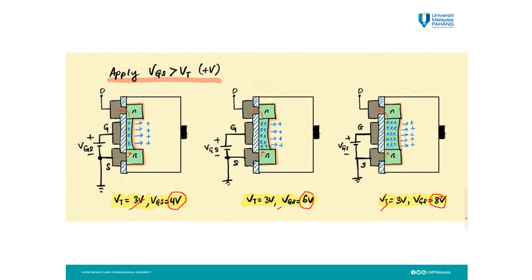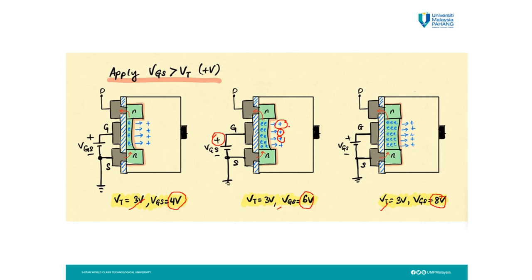At diagram number 2, we see that the channel is getting wider, because the positive potential at the gate will attract more electrons in the N channel, and at the same time it will attract more minority electrons in the P type.